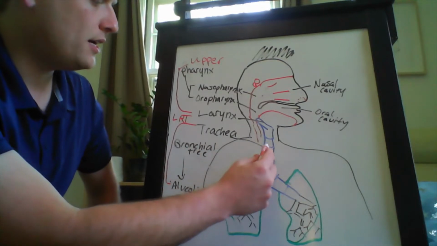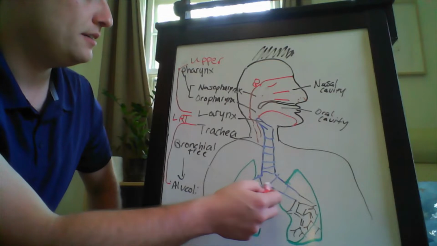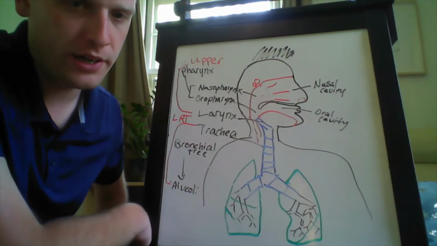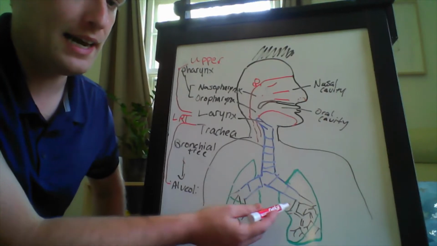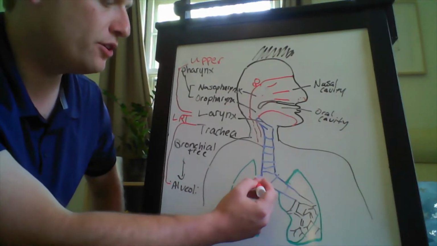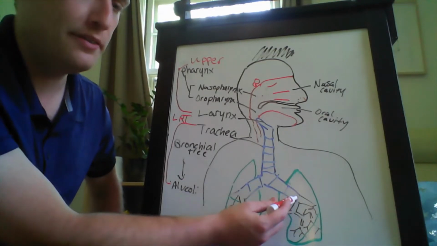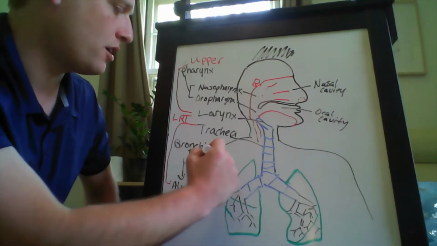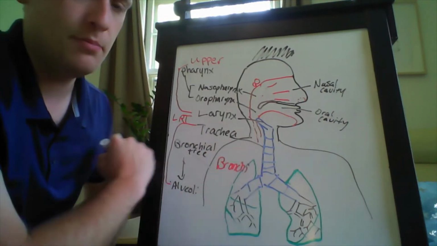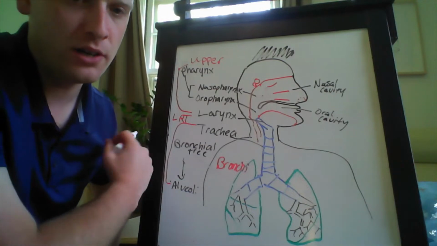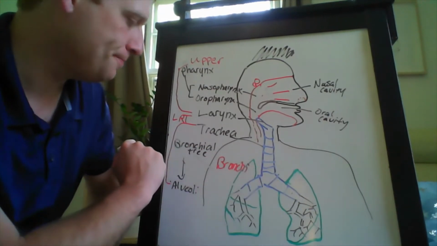Once air has moved into the trachea, it's going to divide into what's called the bronchial tree. The bronchial tree is called that because it has many branches. The first branch is going to divide the trachea into the left and the right bronchi. Bronchi is plural for bronchus, so each of these is the left and the right bronchus.